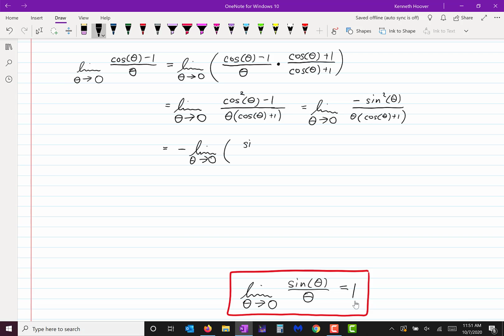I'm going to write sine theta over theta times sine theta over cosine theta plus 1. And now these limits are both very easy. Okay, let's do this.